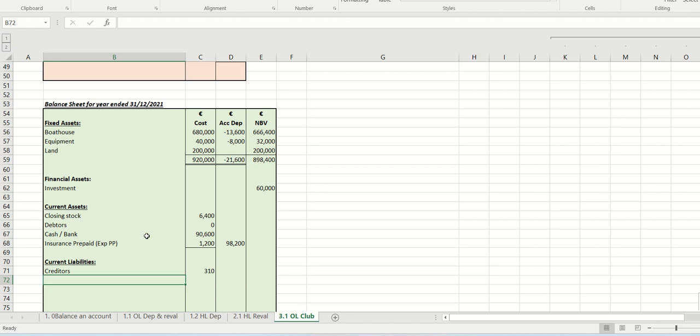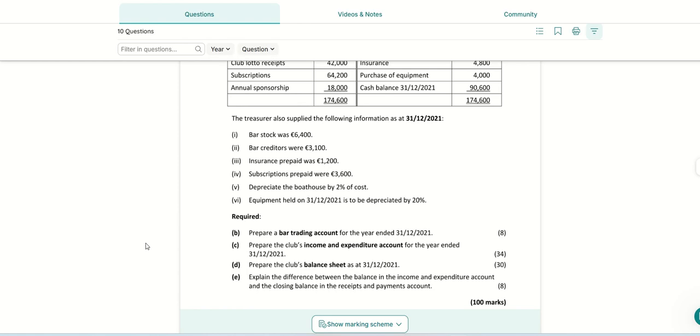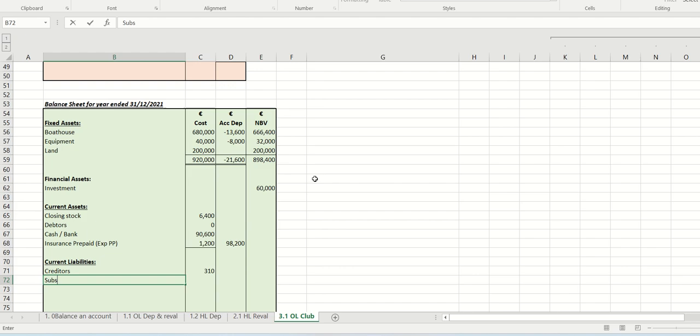So creditors, bank overdraft, expenses due, and income prepaid. So we don't have any expenses due down here, but we do have subscriptions prepaid, which is income prepaid. And I put in a little typo on my creditors number there. Let me just fix that. And 3,600 is my subscriptions prepaid number.